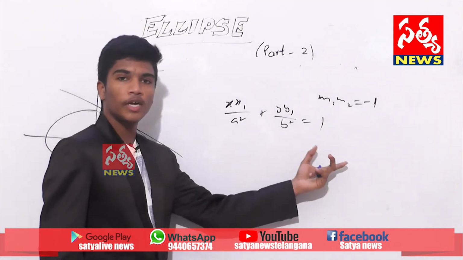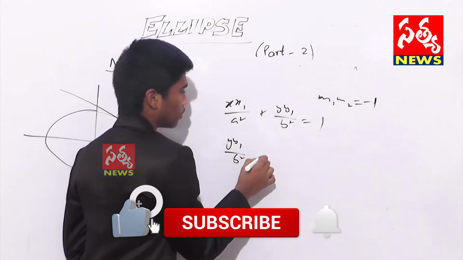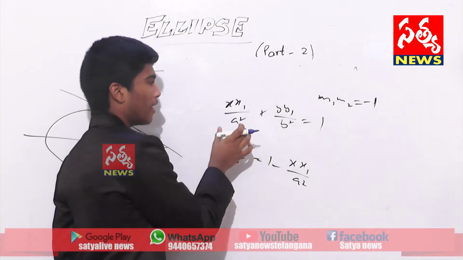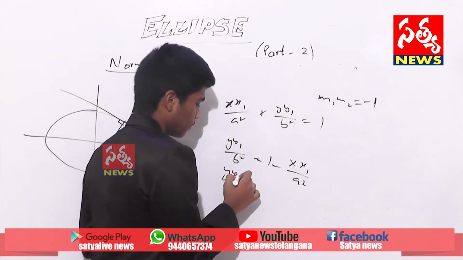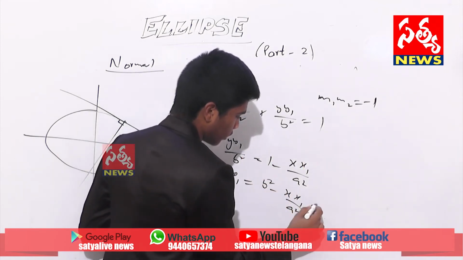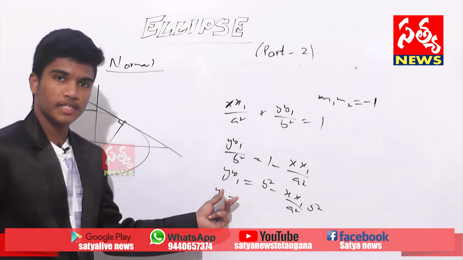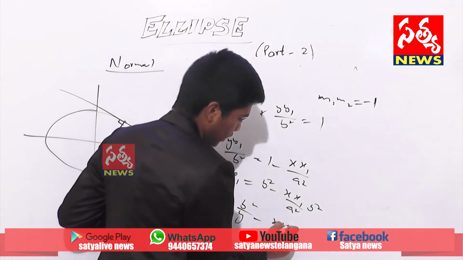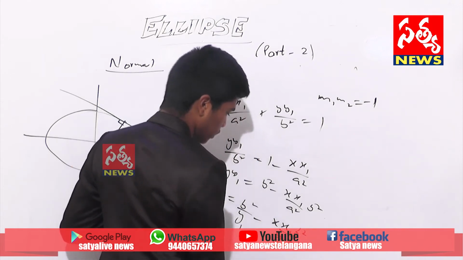Now write this equation as y = mx + c. I have taken x x1 / a² to the RHS, so y y1 / b² = 1 - x x1 / a², and since y1 is a constant, y = b² / y1 - x x1 b² / (a² y1).